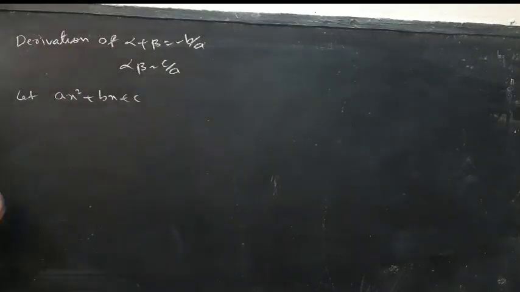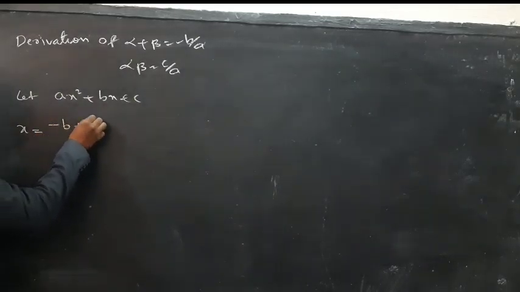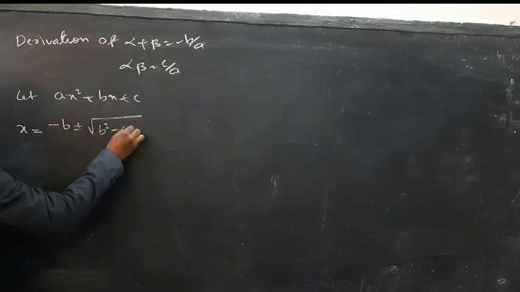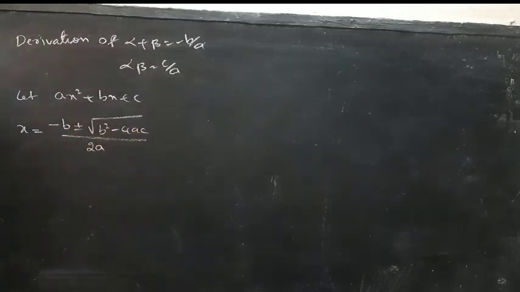What are the roots here? To find the roots of a quadratic polynomial, we have a formula: x is equal to minus b plus or minus under root of b square minus 4ac, by 2a. So these are the roots of ax square plus bx plus c.